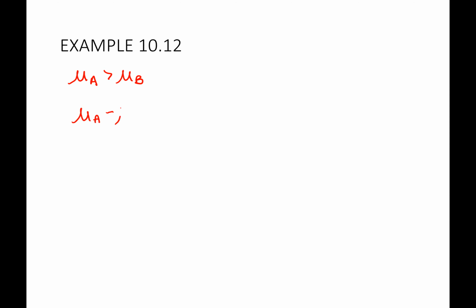So he's thinking that after is better than before. So after minus before is greater than 0. So that would be his alternative hypothesis. That the difference is greater than 0.